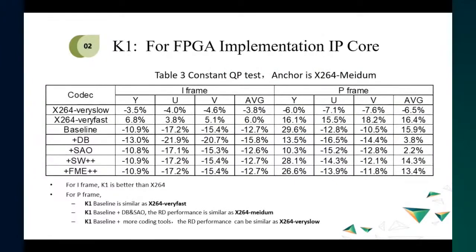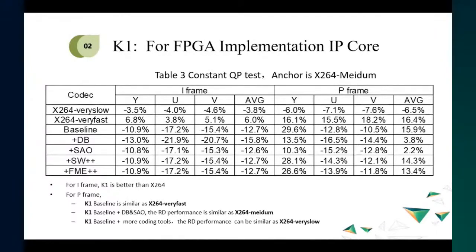Here we show the video quality comparisons for the FPGA implementations. All of the test data is under the constant QP test. The anchor is x264 medium. For the I-frame, you can see from this table that our K1 IP core is better than x264. And for the P frames, the K1 baseline is similar to x264 very fast configuration.